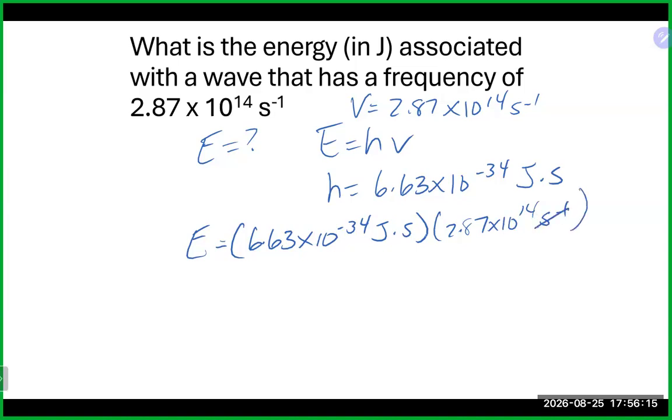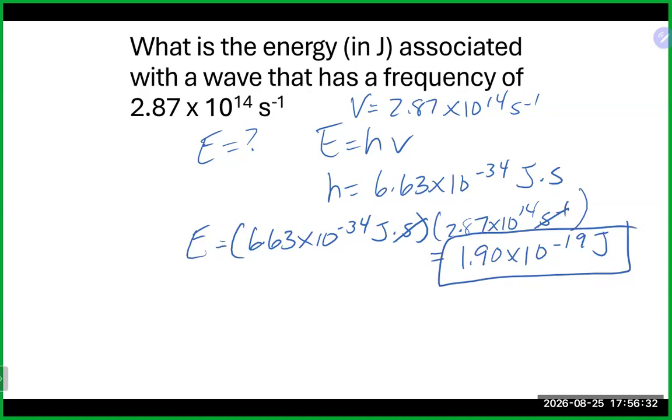The seconds cancel each other out, and we are left with joules. As we talked about last time, make sure you use your exponent button when you punch this in, and you'll end up with something like 1.9 times 10 to the minus 19 joules. Any questions on that calculation?